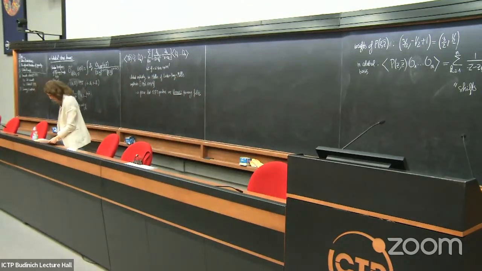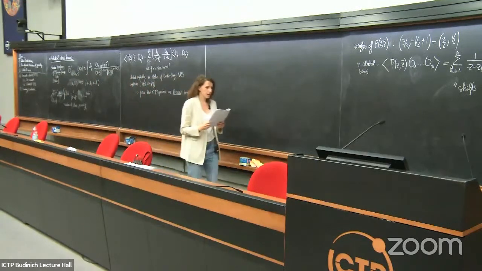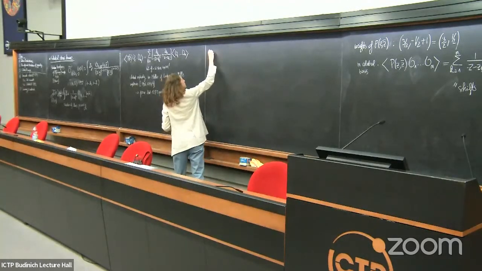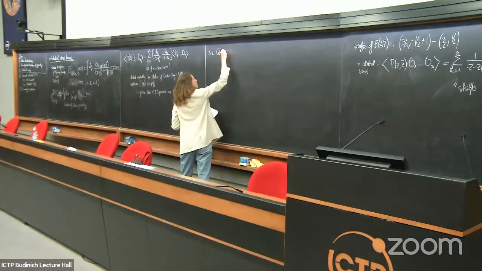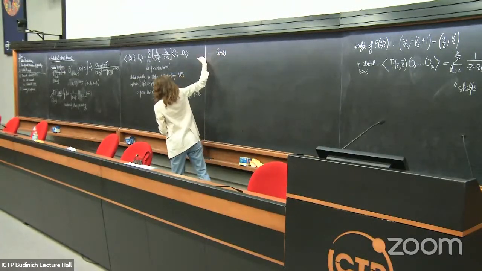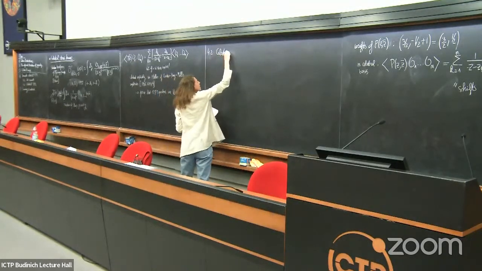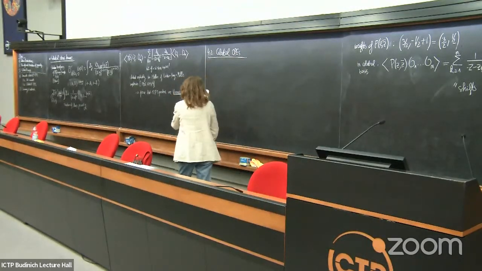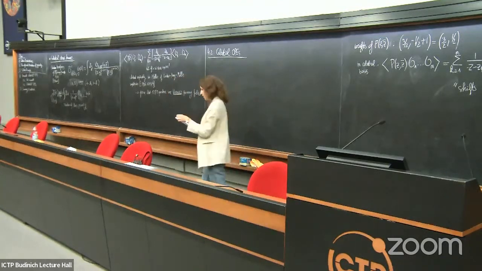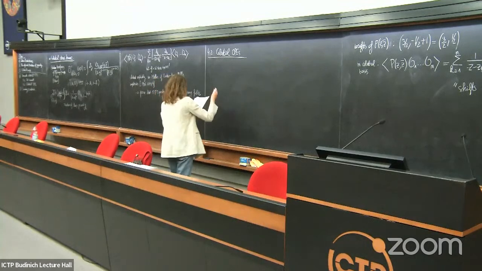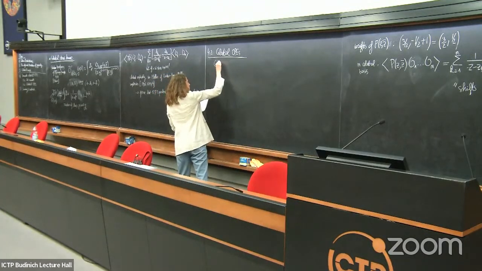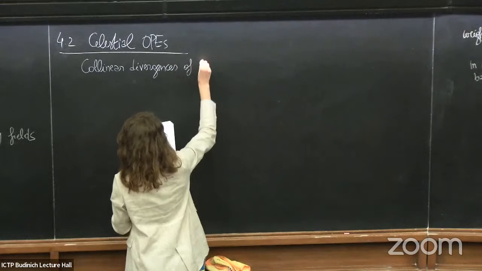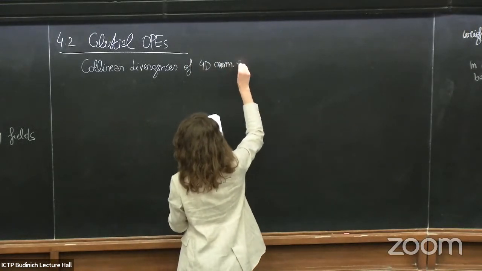Just the last thing that I would like to tell you is that there is a way to access the operator product expansions, or OPEs, in celestial CFT, by looking at collinear divergences in the 4D momentum space. So again, it's really bottom up.